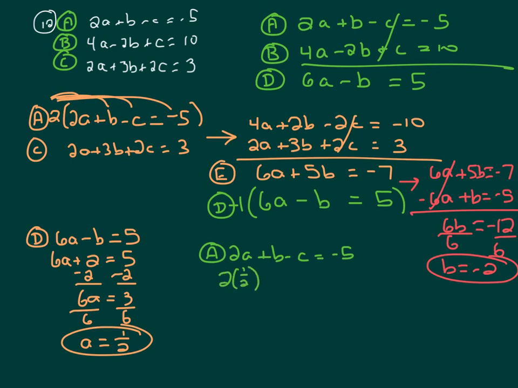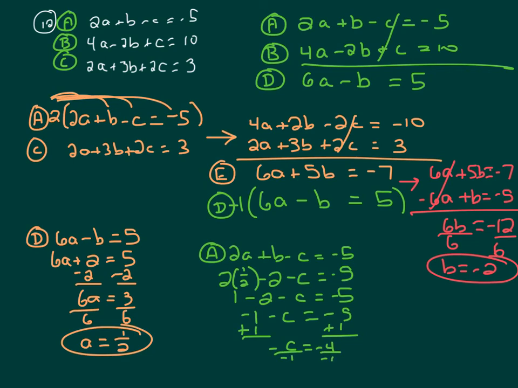I'm going to replace the b with a negative 2, and I'll bring everything else down. All right, so 2 times 1/2 is just 1, so we have 1 minus 2 minus c equals negative 5. 1 minus 2 is negative 1, so we can add 1 to both sides. So we're left with negative c equals negative 4. And when you divide both sides by negative 1, that's going to leave us with c equals positive 4.